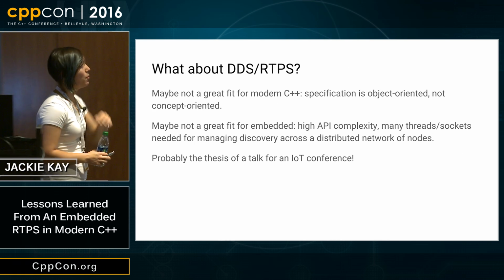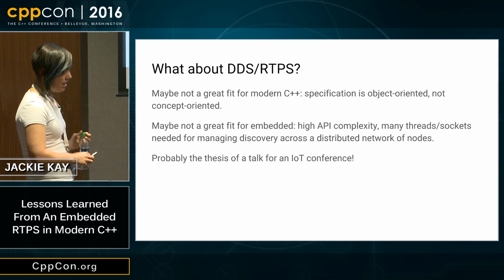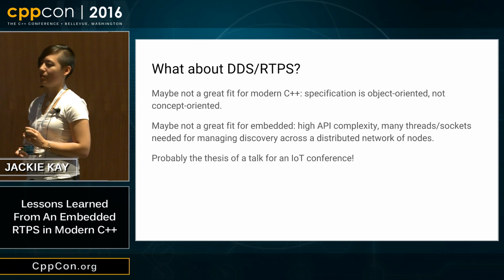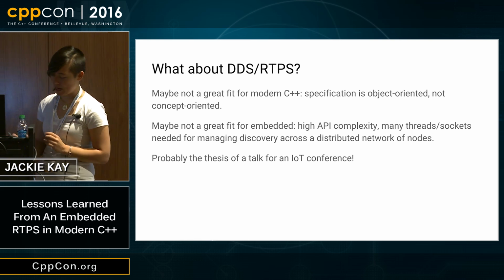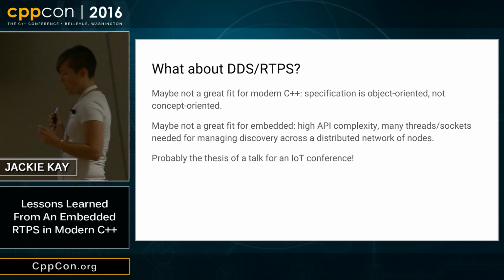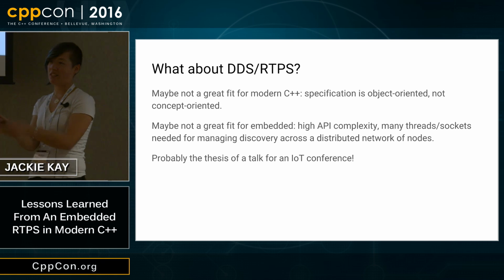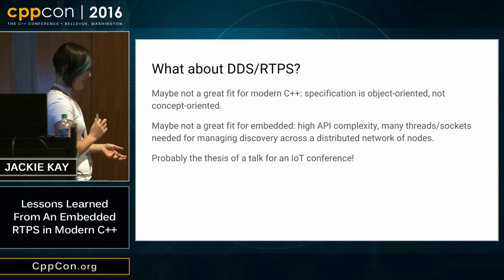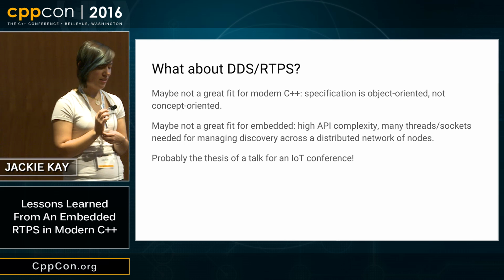Another point I wanted to make about my adventures writing this library is that the specification for this protocol is very object-oriented. By that I mean the language describes objects, hierarchies, or UML diagrams between objects, and it provides this API that looks like Java and says, let's say you have a custom publisher that publishes type foo.